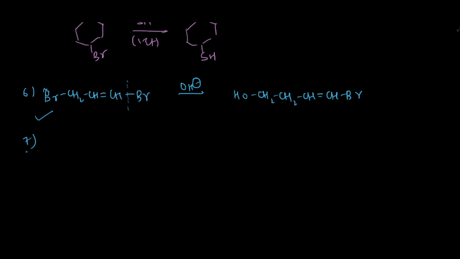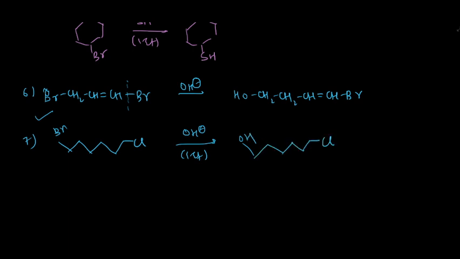Let's talk about this seventh. We have Br and chlorine. It will react with OH minus, 1 equivalent. So how will it react? OH, chlorine. Bromine is a good leaving group, and that's how this reaction will take place.